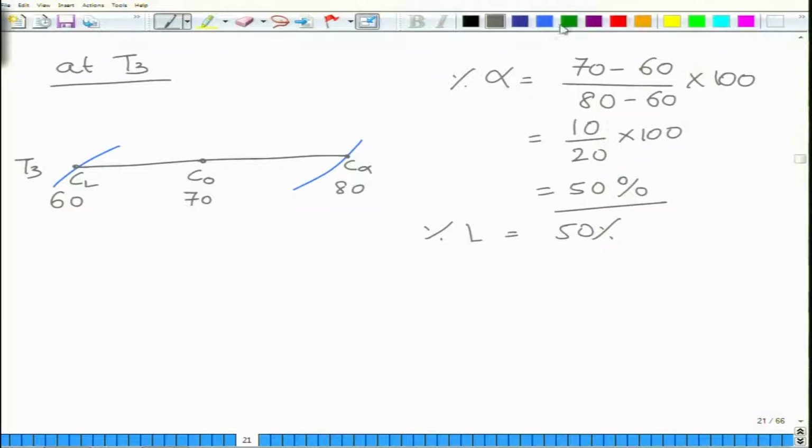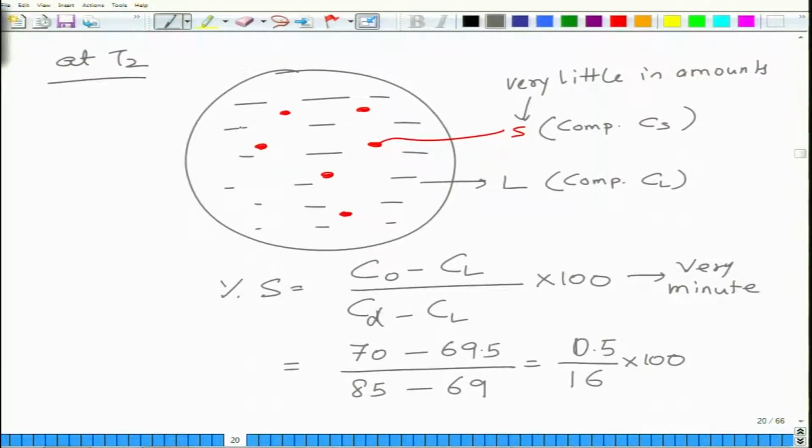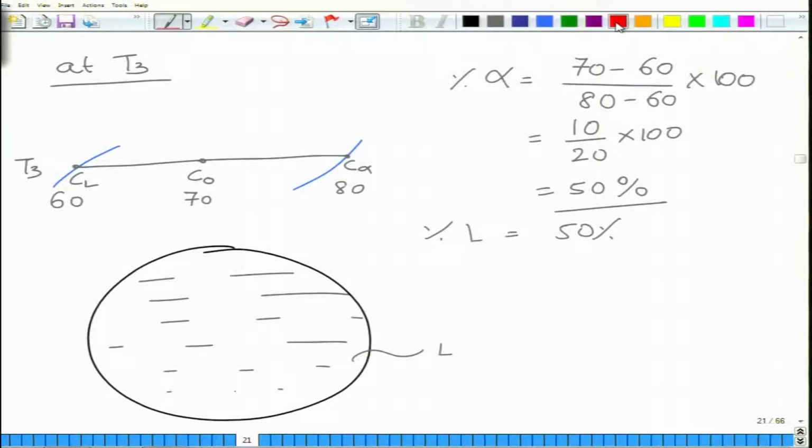So, how does it look like in the microstructure? So, you have liquid, and these solid particles which are present earlier, they have now grown bigger.